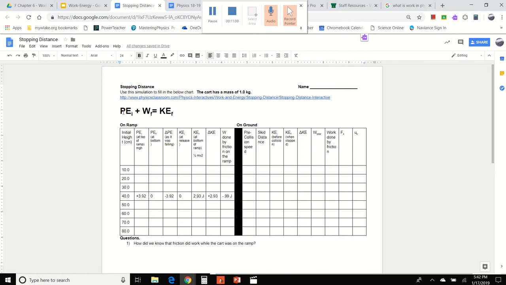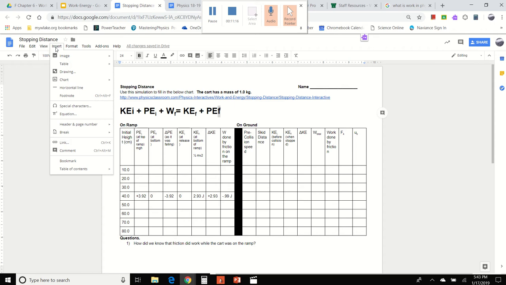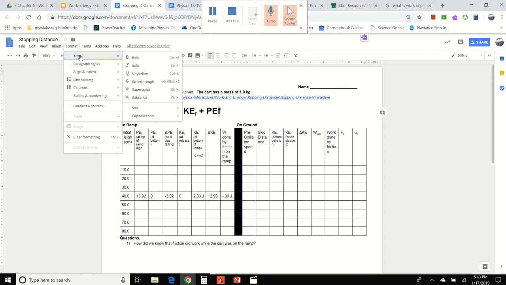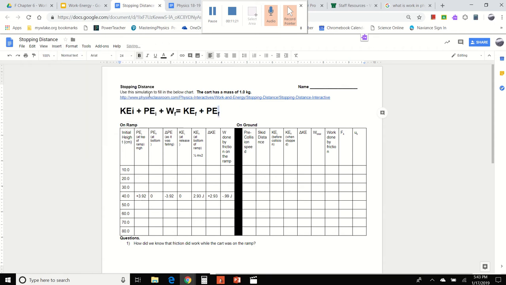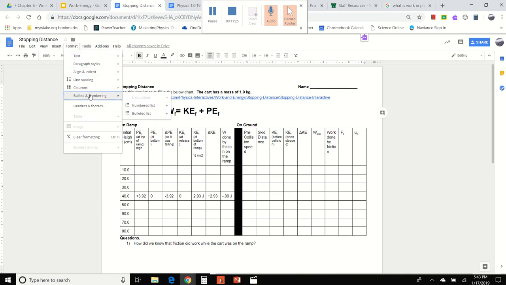So this should always wind up being a negative number. And again, back up here, I'll put up what the original equation should be, is that we had a KE initial there, plus PE final. And really, everything on this page winds up boiling down to this equation. But we do it twice for each trial.